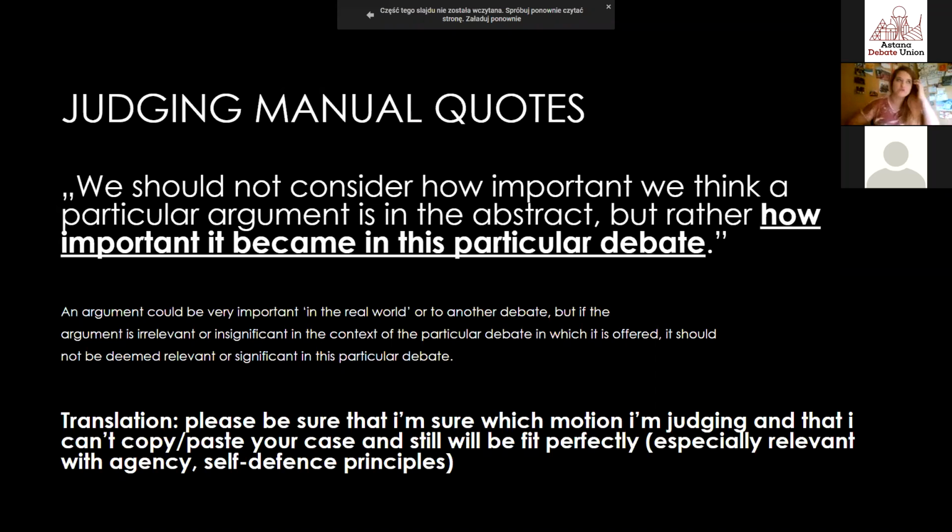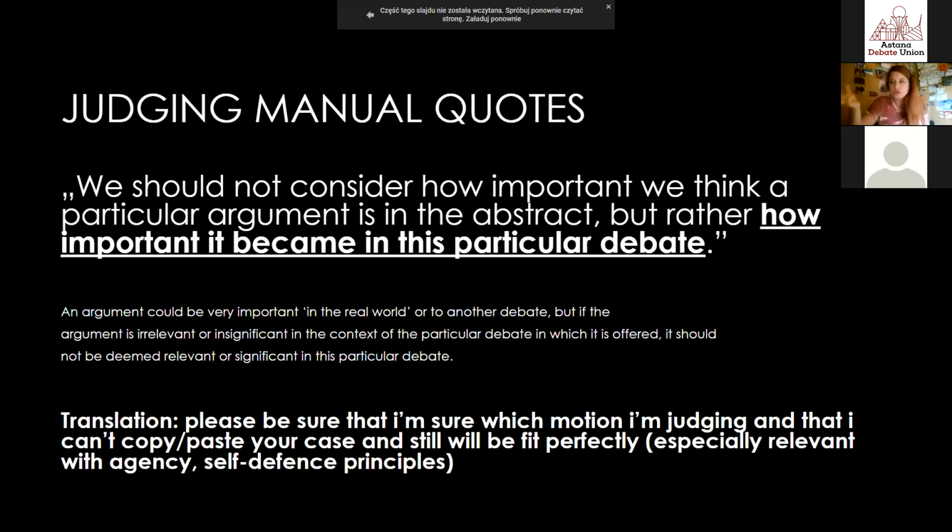I think a lot of motions starting in developing countries, or in countries with a lack of democracy, or with high rates of crime, give you a particular context, and then there needs to be an assessment of this debate to the particular debate.